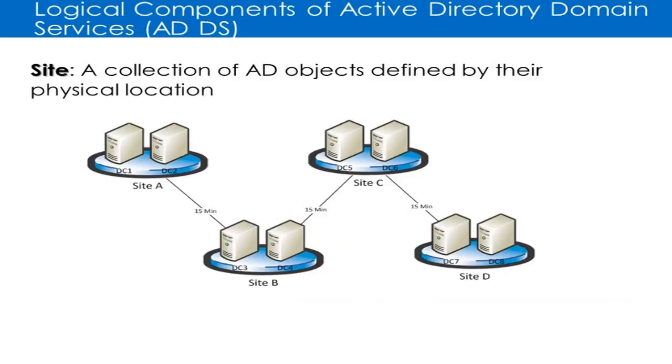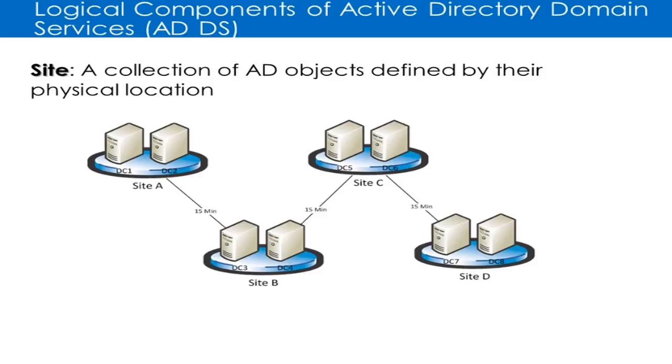Now, the next item on the list here is a site. And it's funny because a site is something that I typically in the past used to include on the physical side, not the logical side of Active Directory Domain Services. And it's kind of been up for debate. The reason I have it on the logical side is because it's a collection of Active Directory objects, meaning it's logically part of Active Directory Domain Services.